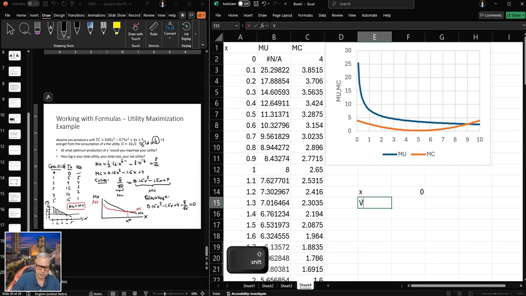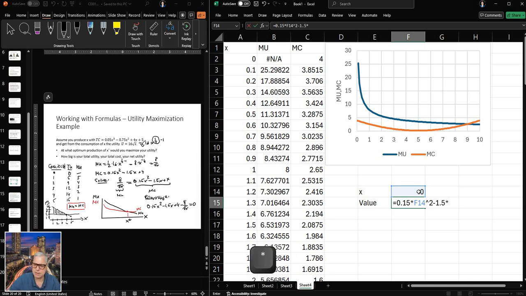So I just write here, the value of the equation is equal to 0.15 times x squared minus 1.5 times x plus 4 minus 8 over the square root of x. So we get an error message. Maybe 0 wouldn't have been the best.